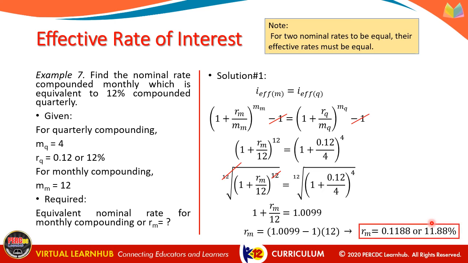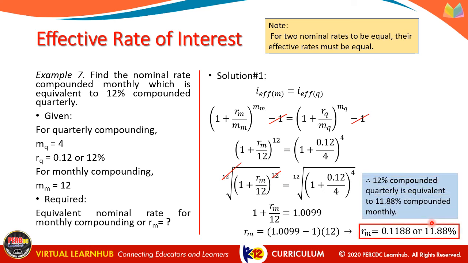That means 12% compounded quarterly is equivalent to 11.88% compounded monthly. Now, how about our solution number 2?